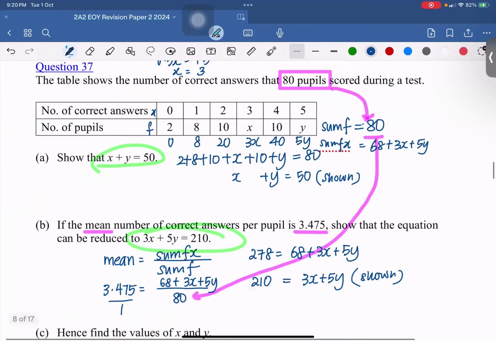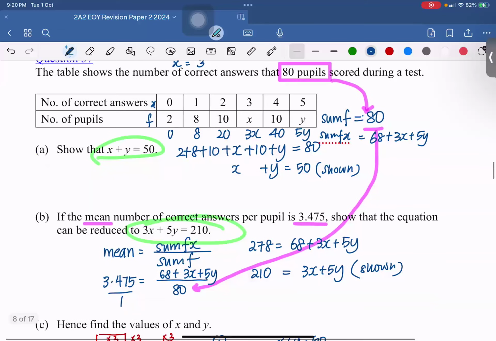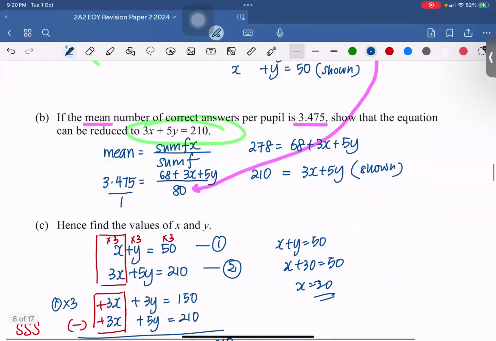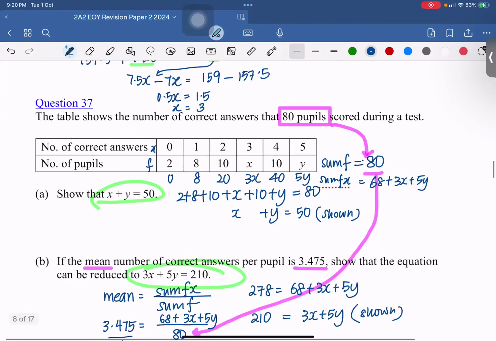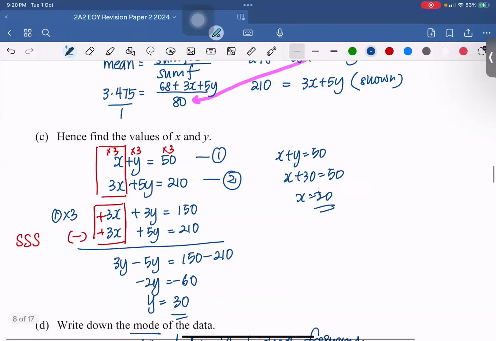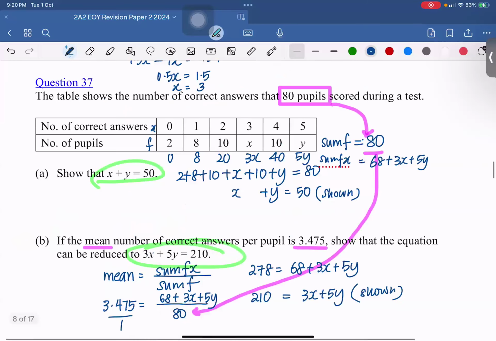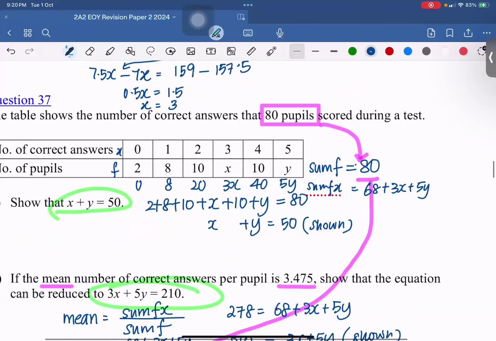The data value is detective books. They never write detective. They write the frequency 15 for me. Then they got it wrong. So sad. So the mode is the one with the highest frequency. Now my x is 20, my y is 30. So the mode, the y will be 30. So the mode will be 5.